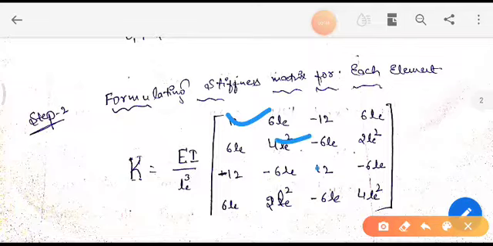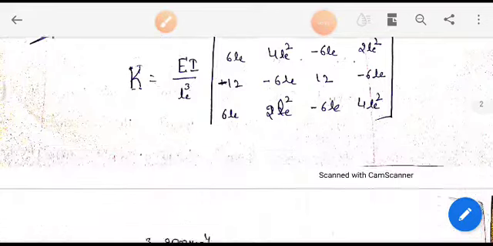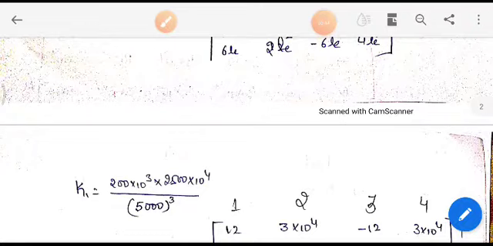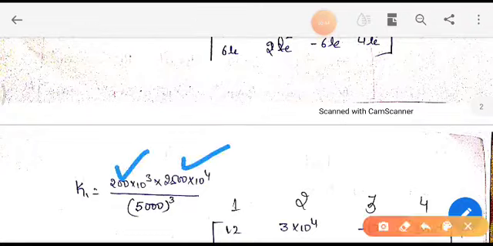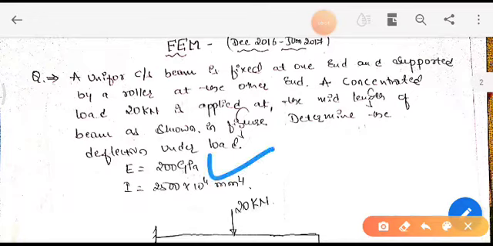Once you remember this matrix, we need to put the data for the first element. Here, as we know, the Young's modulus is 200 into 10 raised to 3, moment of inertia is 2500 into 10 raised to 4. Here if you see, yes, this is 200 into 10 raised to 3 Newton per mm square.